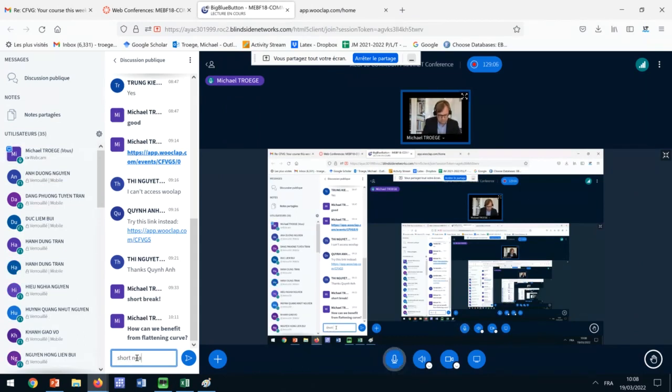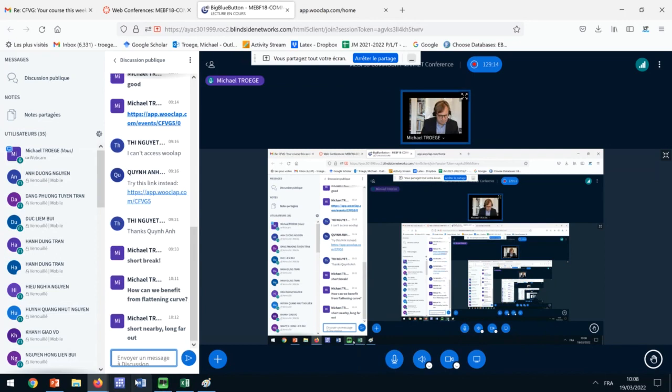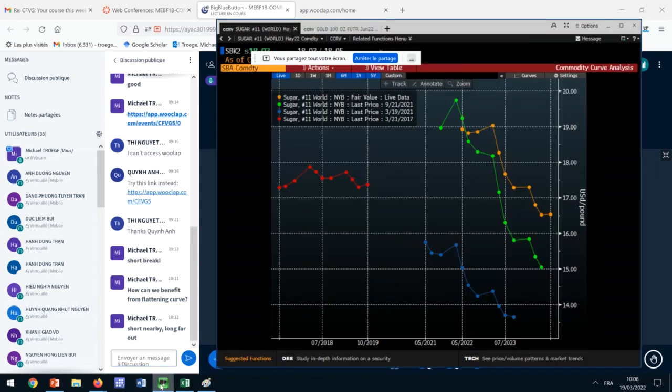That is a calendar spread that should only increase in value if the curve becomes flatter.